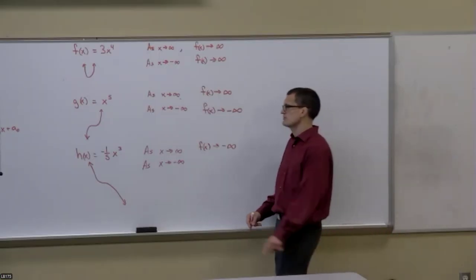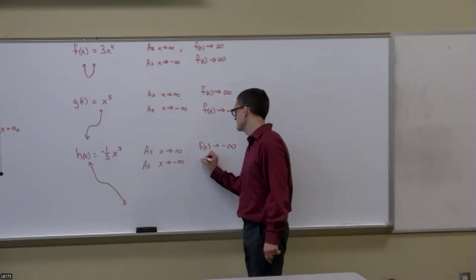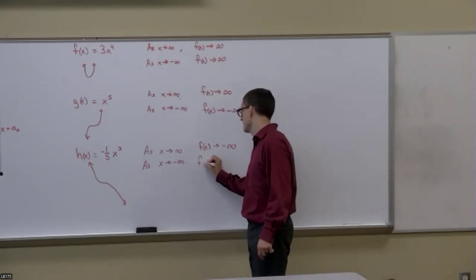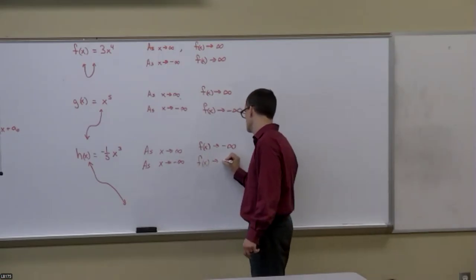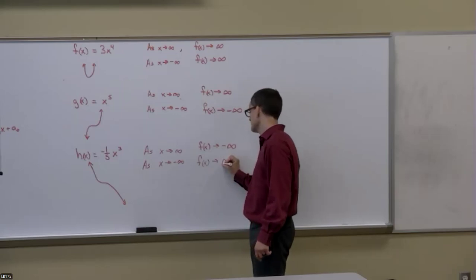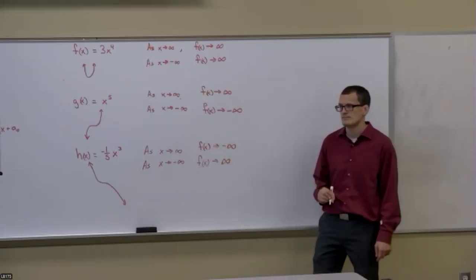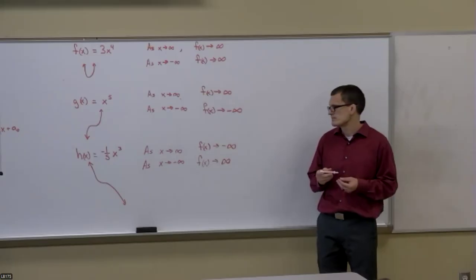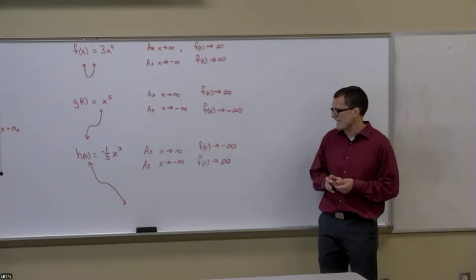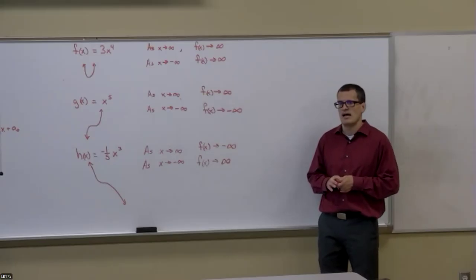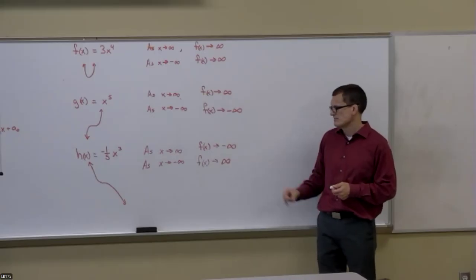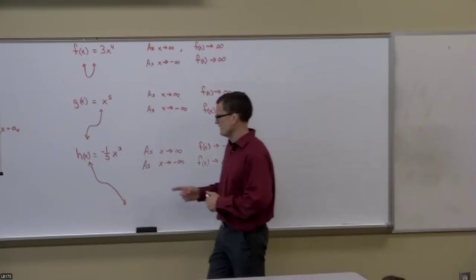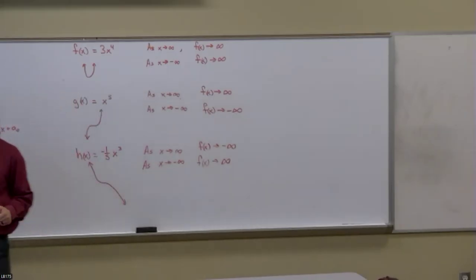As x moves towards the left on this one, my y values are moving up. So as x goes to negative infinity, f of x is going to positive infinity. Left and up.